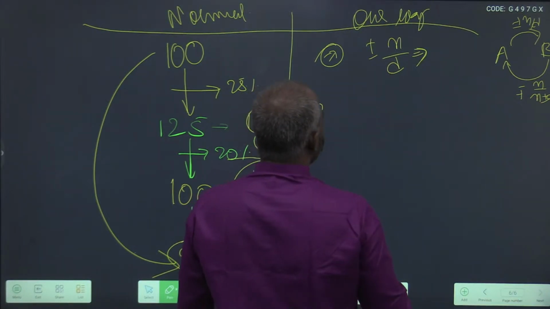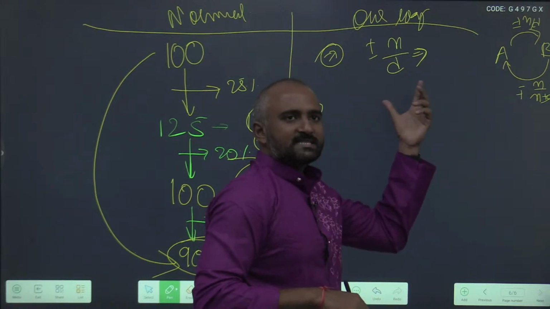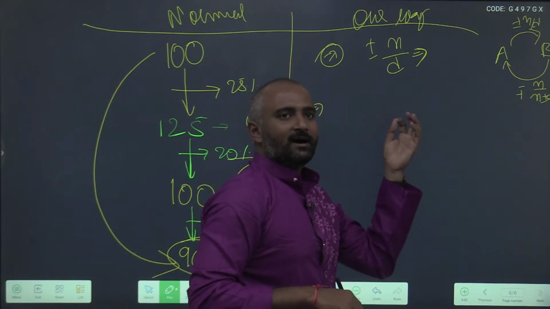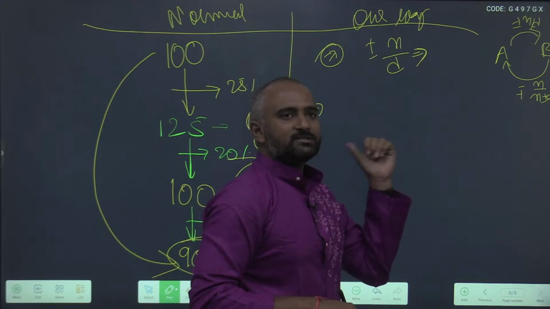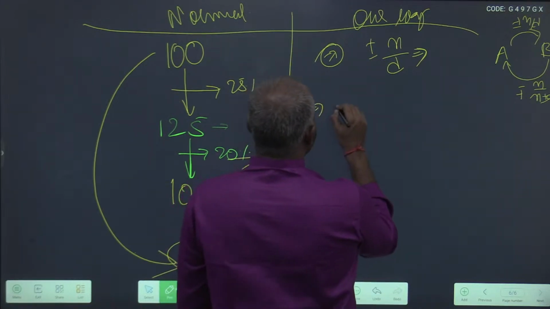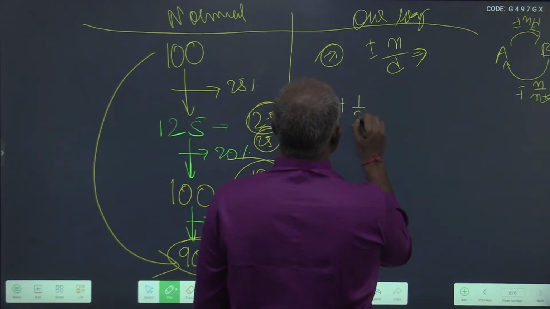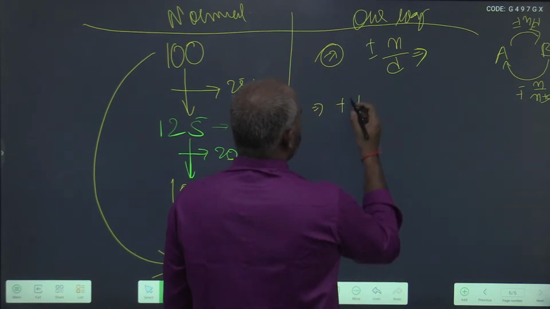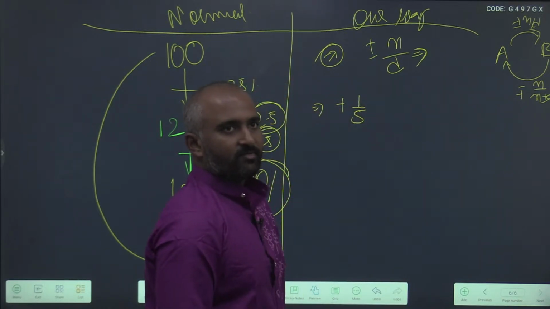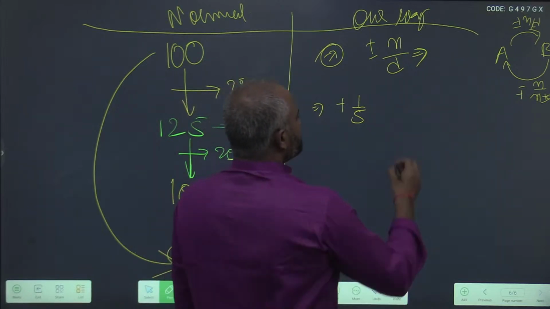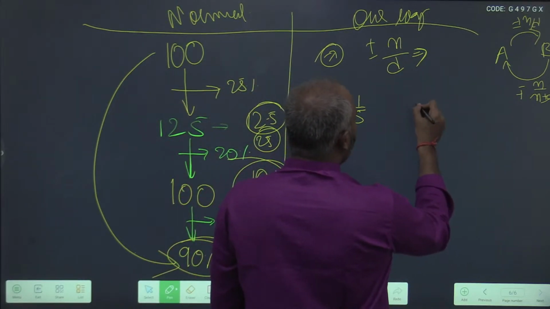I am going to give you a few percentages so that this will strike you whenever you see such percentages. Suppose there is an increase of 20%. 20% is 1 by 5. So, the corresponding decrease should be how much?